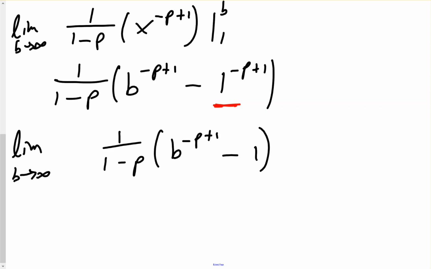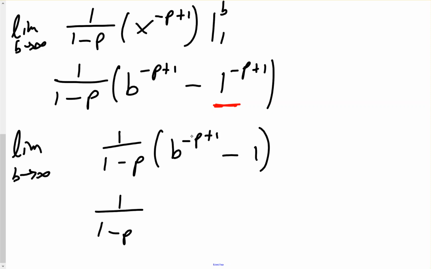Okay, so when we take the limit as b approaches infinity, so if we have infinity here, let's write it in a little bit different way so we can see it more clearly.